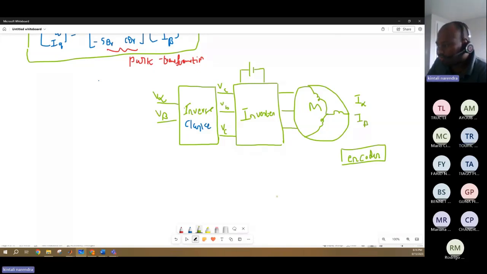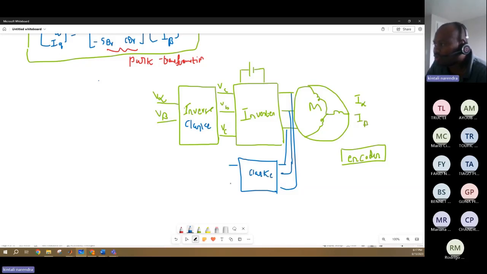From IA, IB and IC, you apply Clark transformation to get I alpha and I beta.